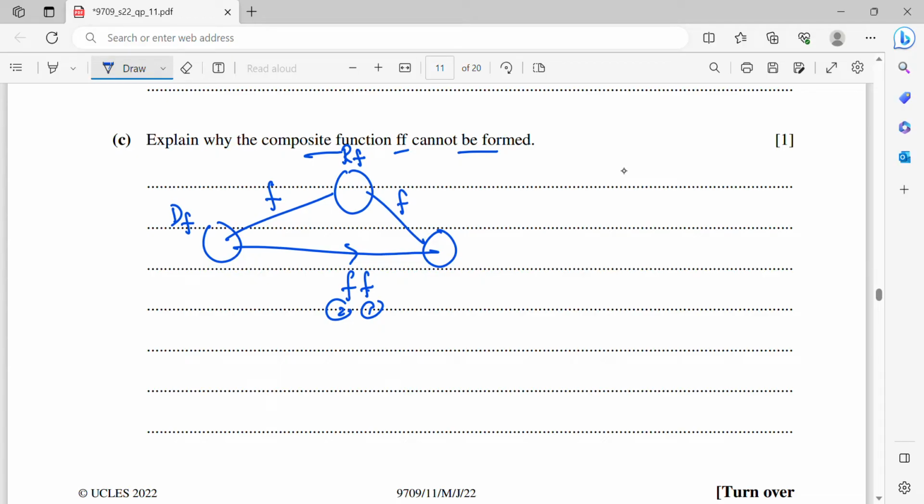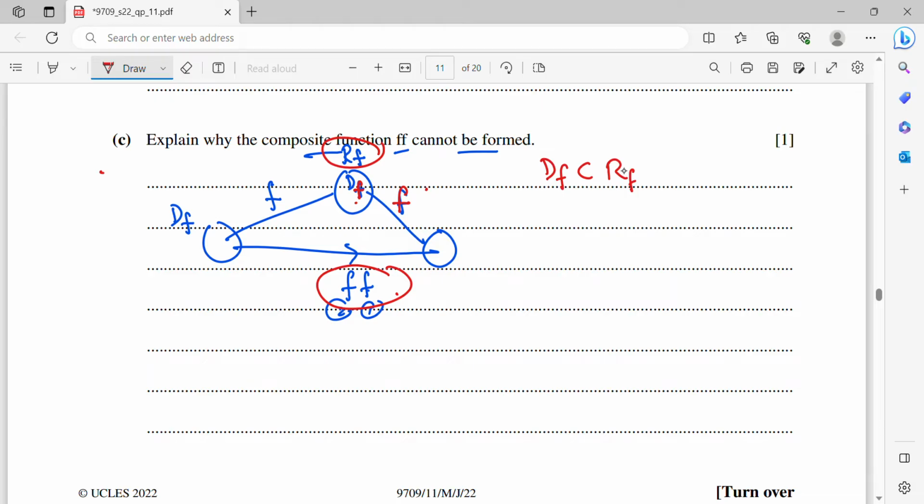At the same time, this is also the domain for the next f, the second f. From here, you must understand that for ff to be defined, the domain of f must be a subset of the range of f.